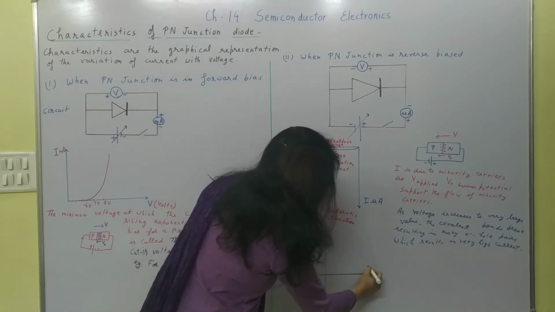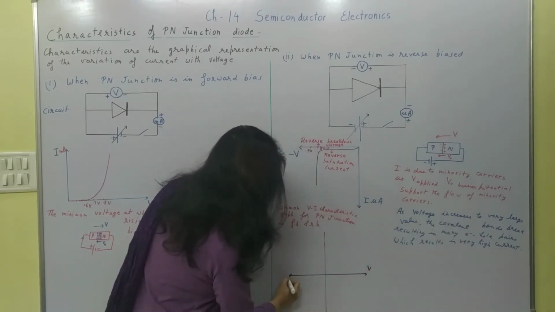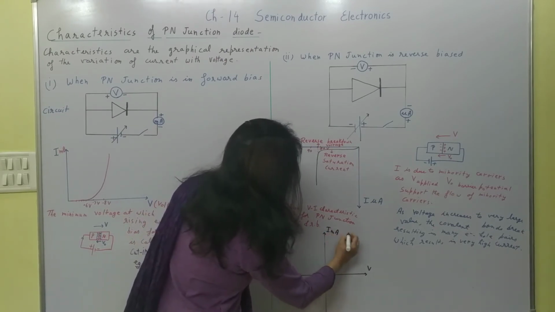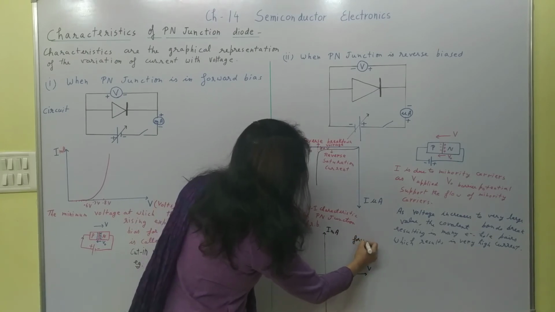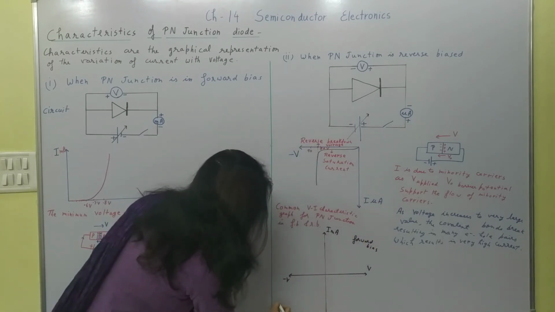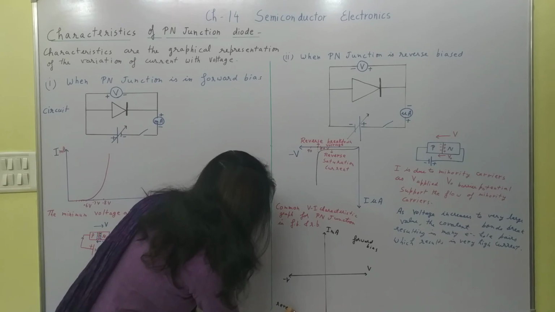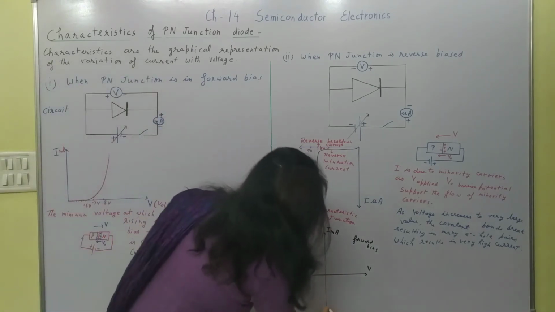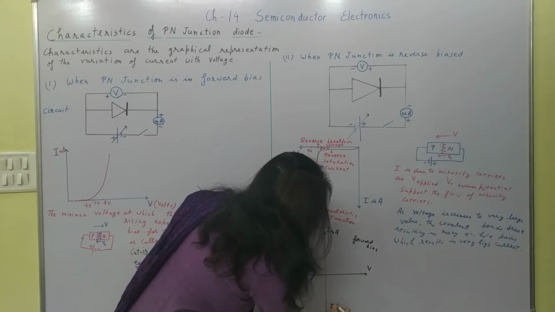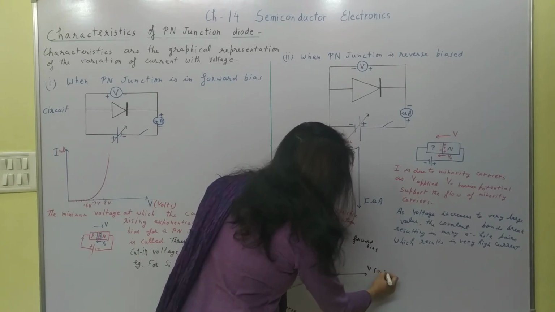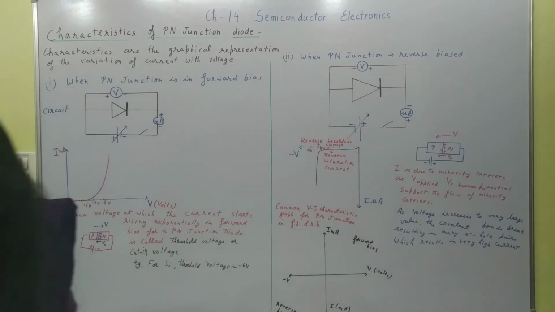So this is for forward bias, this is for reverse bias. This current is in milliamperes because this is the forward bias characteristic. This is the reverse bias characteristic, and here the current is in microamperes. Here this is in volts. Here also it is in volts.